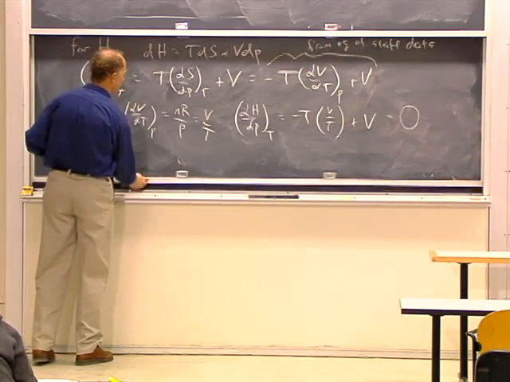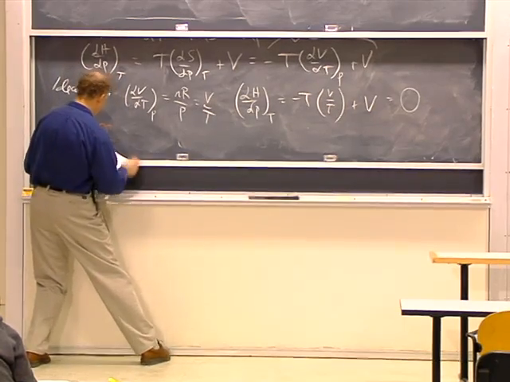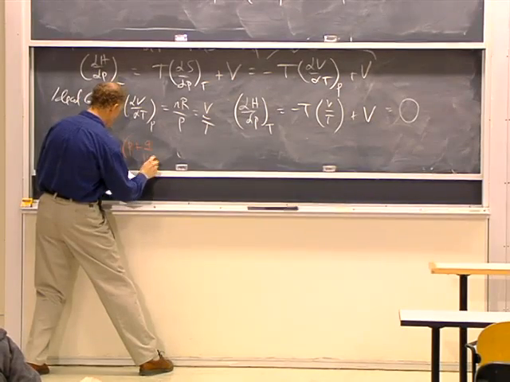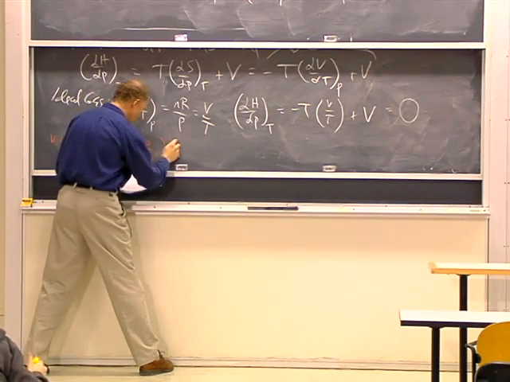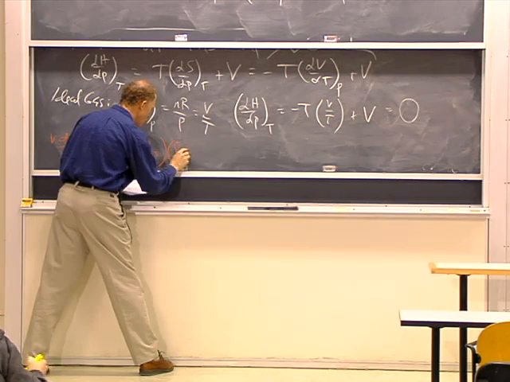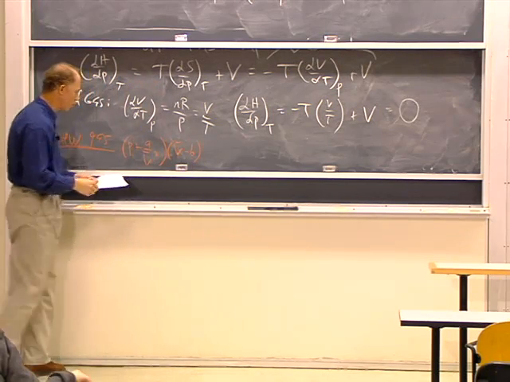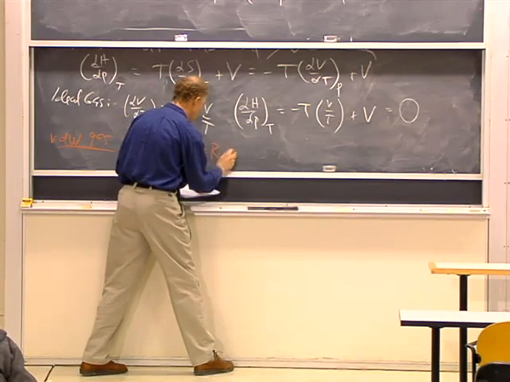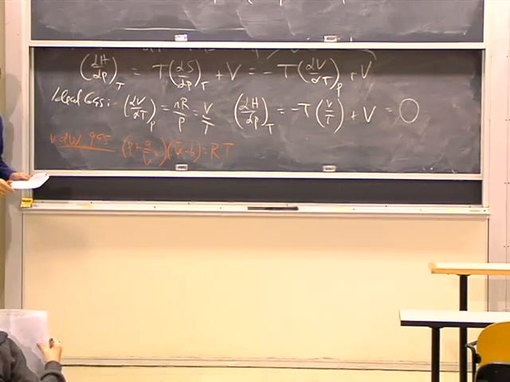So then (P plus a over molar volume squared) times (V minus b) is equal to RT, remember?